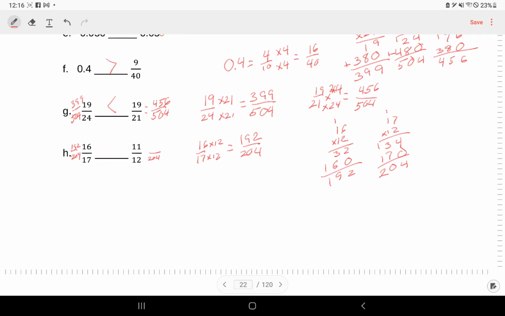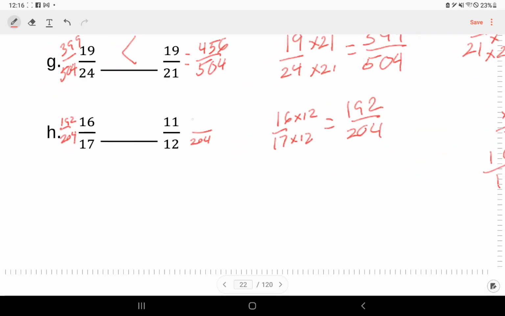And so now I do 11 times 17. Well, 1 times 17 is 17, placeholder, and 1 times 17 is 17. 7 plus 0 is 7. 1 plus 7 is 8, and 1, so that's 187. Well, 192 is more than 187, so it's greater than.